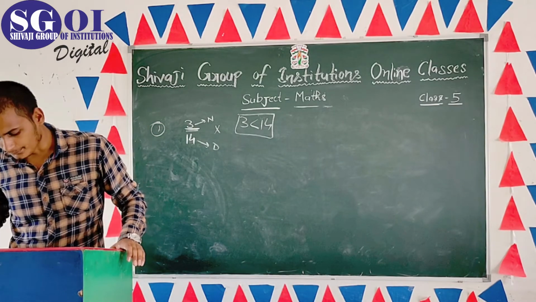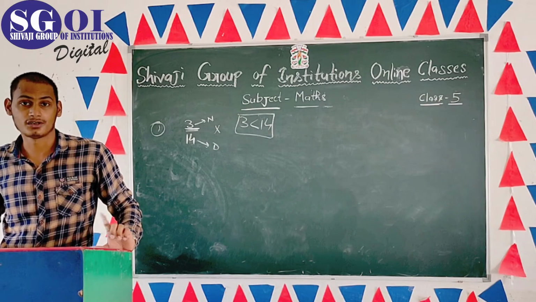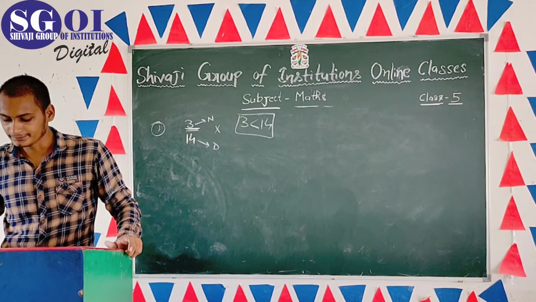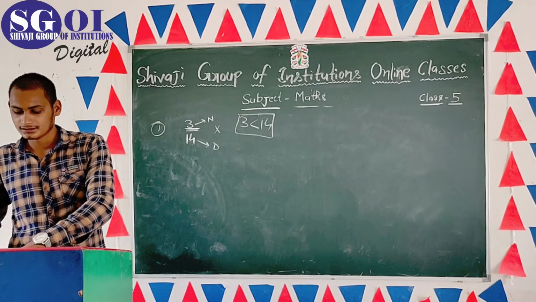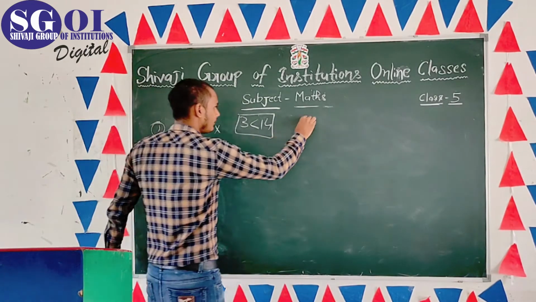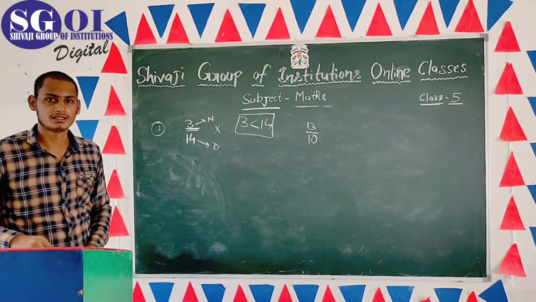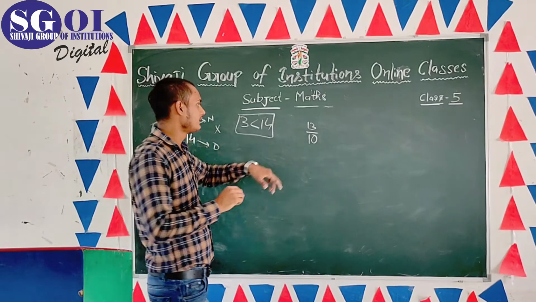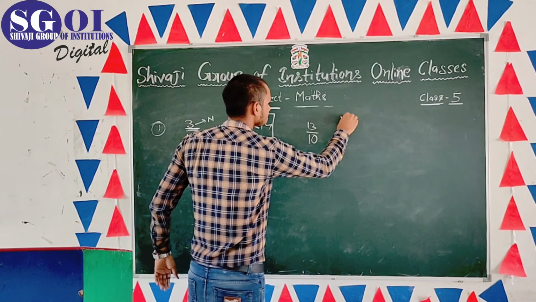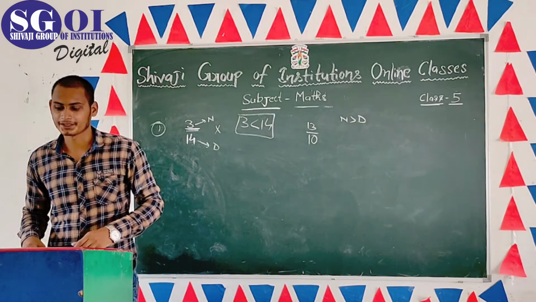Okay, friends. Next one is 15 upon 16. Here 15 is less than 16. So it's not an improper fraction. Next one is 13 upon 10. Okay students, here the numerator is greater than the denominator, so it's an improper fraction.